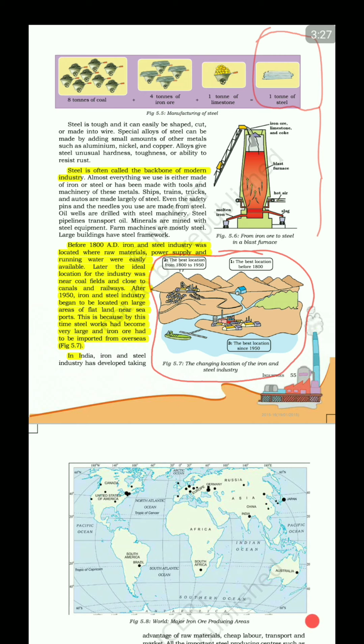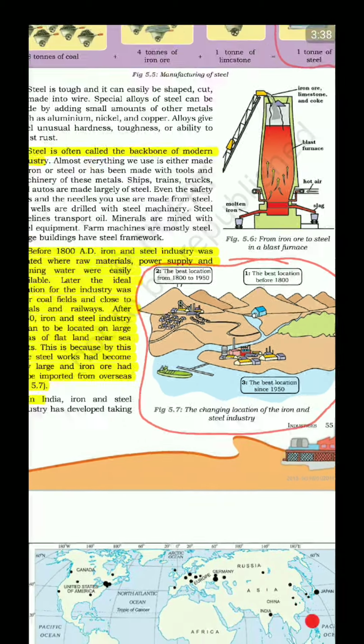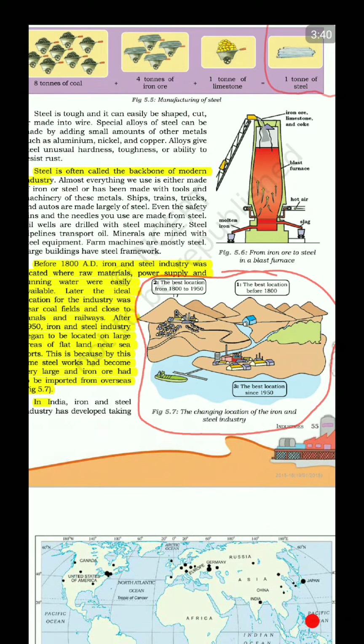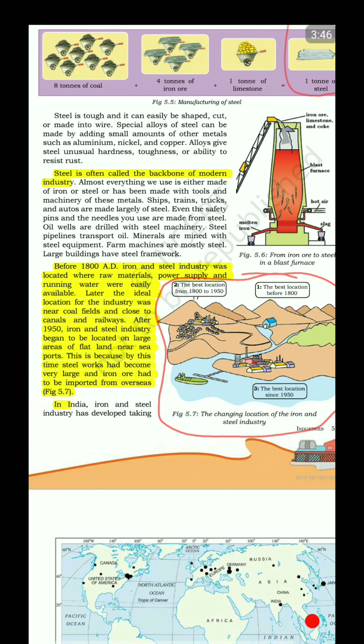And with the coming of better ships, we see that the iron and steel industry finally changes its location near the seaports. See, it is written here. So this is because by this time the steel works had become very large and iron ore had to be imported from overseas, right?